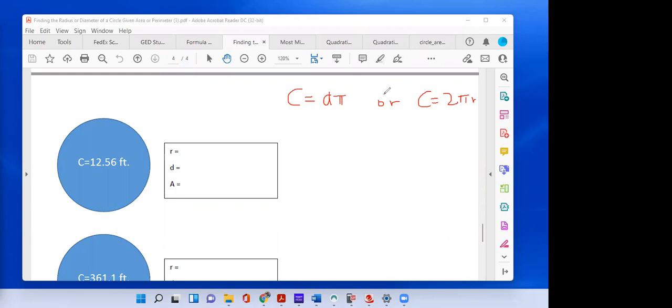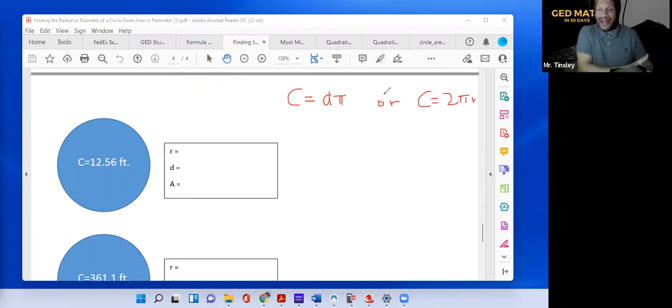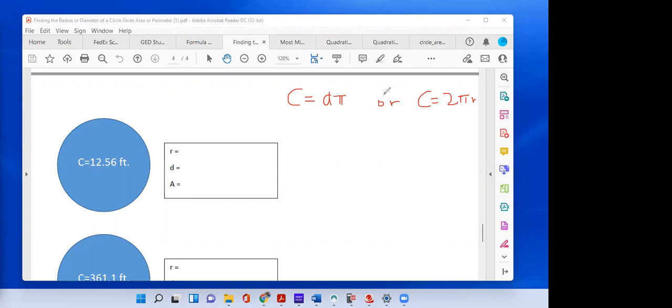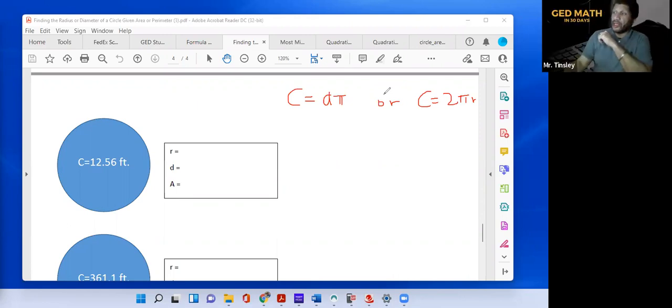I would prefer you have the formula sheet right next to you instead of trying to open it up and still do the problems and close it. So you call your testing center and ask: do you give out the formula sheet, or can I bring my own? Some testing sites will let you bring your own formula sheet, but it can't have any writing on it. Okay, so we have our two formulas for the circumference.